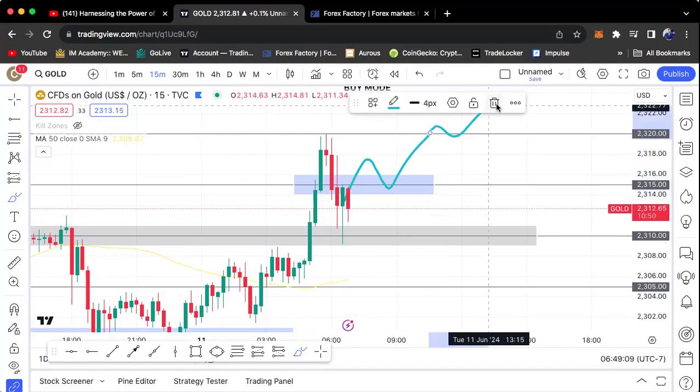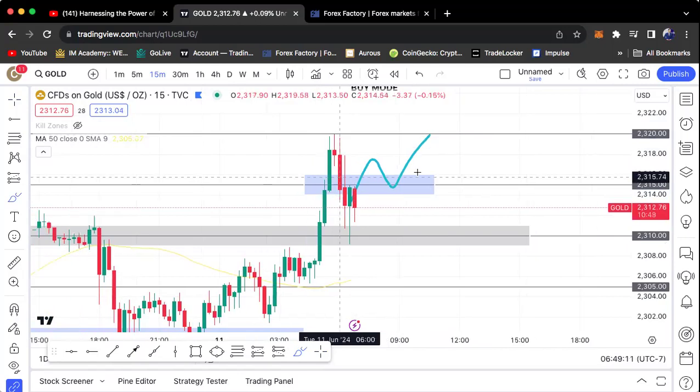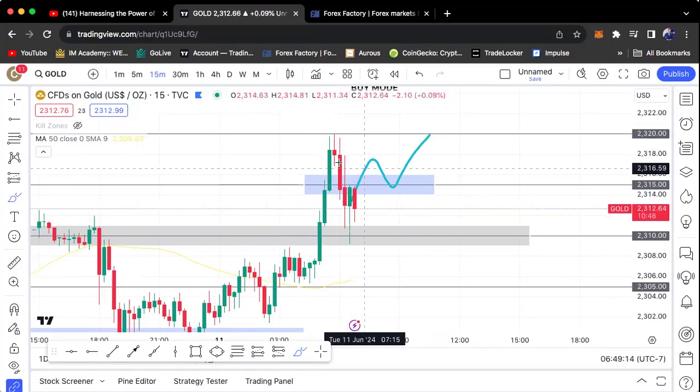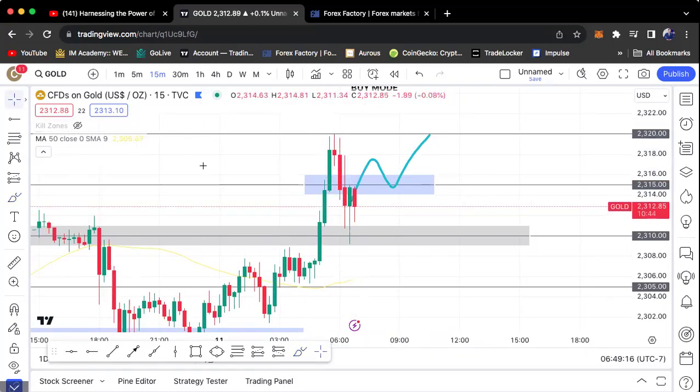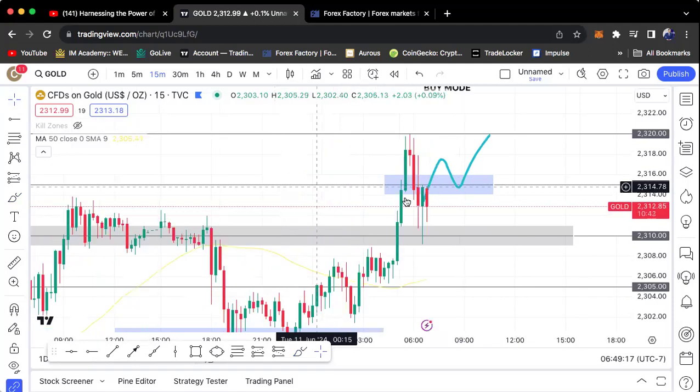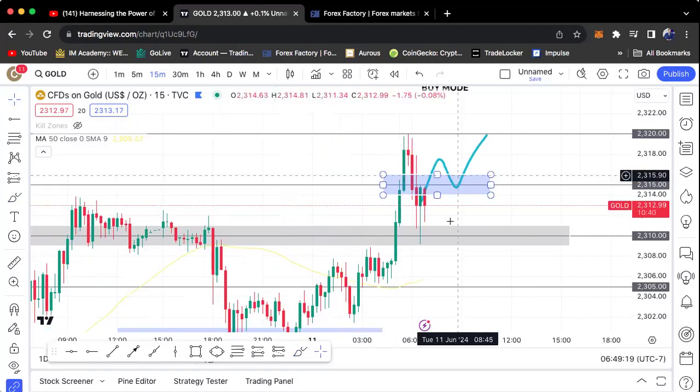Or for a next break of structure. I'm waiting for the next break of structure, either to the upside or to the downside.